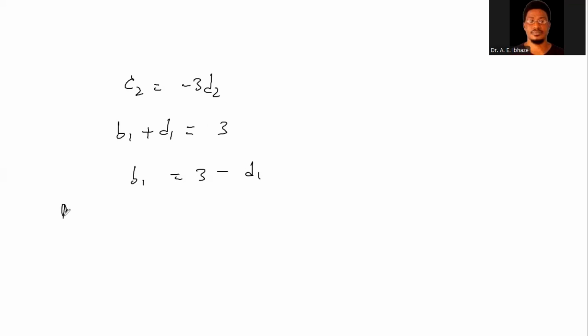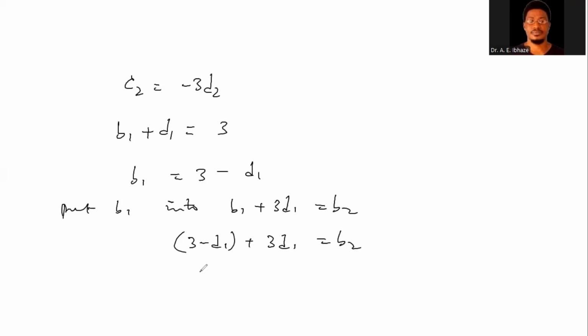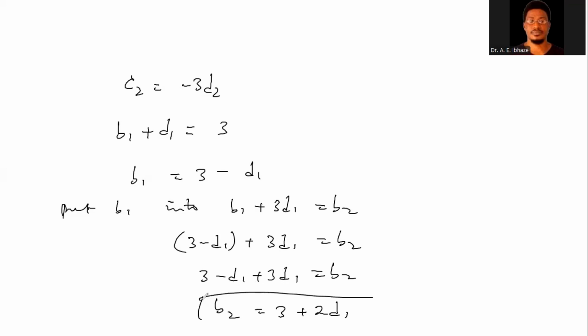But if we now put b1 into b1 plus 3d1 equal to b2, so we have 3 minus d1 plus 3d1. So we are plugging this into this, which is equal to b2. So that we have 3 minus d1 plus 3d1 is equal to b2. Here, b2 will be the same as 3 minus d1 plus 3d1, that will be 3 plus 2d1.